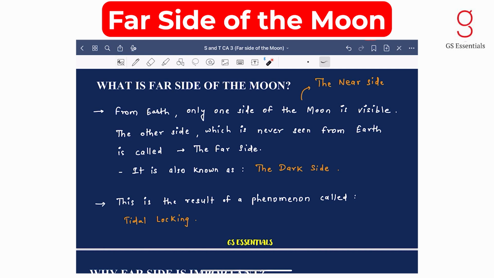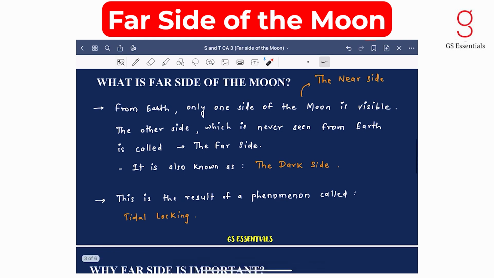As a result, the rotational period of the moon around its own axis and the time taken by it to complete one revolution around Earth are the same. And as a result of this, we only see one side of the moon. This phenomenon of tidal locking is a natural consequence of the gravitational distortions that are induced by the Earth on the moon. And hence, we see only the one side.